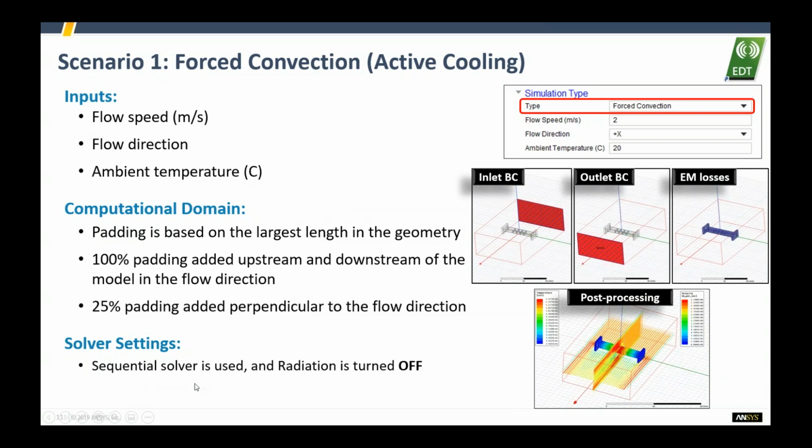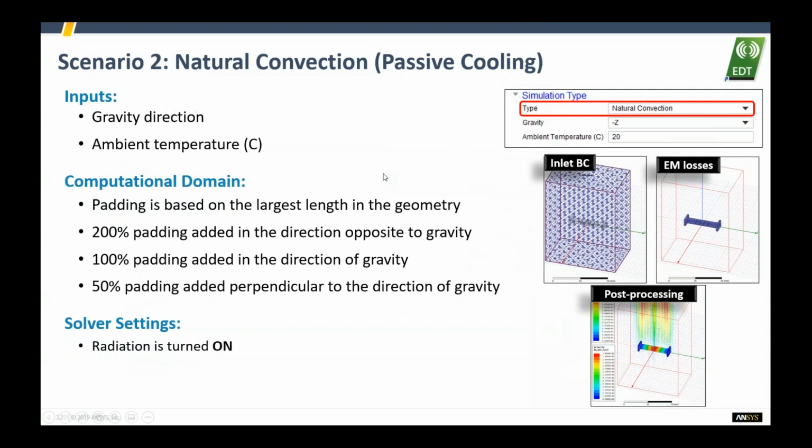Solving settings is the sequential solver is used and the radiation is turned off. So really, after you have this model simulated in the EM tool, you can open up the ACT. It will be just a little window or pop-up window on the right side of your AEDT GUI, and you select the type, you specify these three inputs, and bang, you can launch it. So that'll be our first scenario.